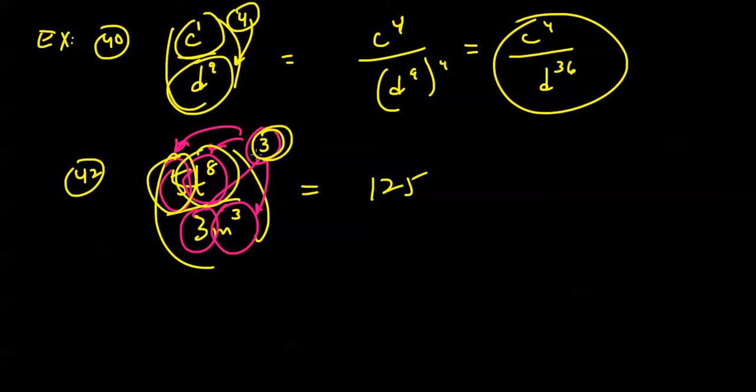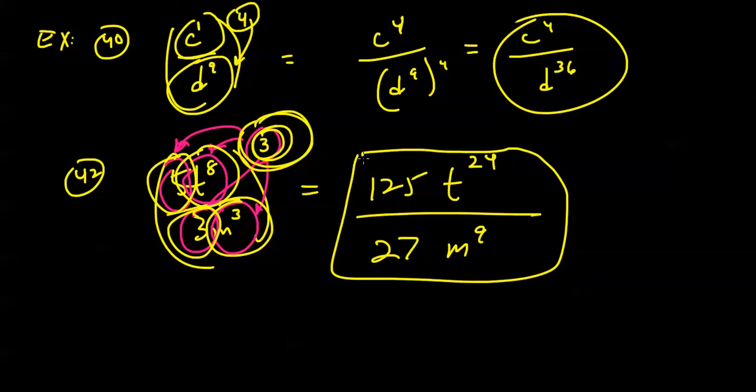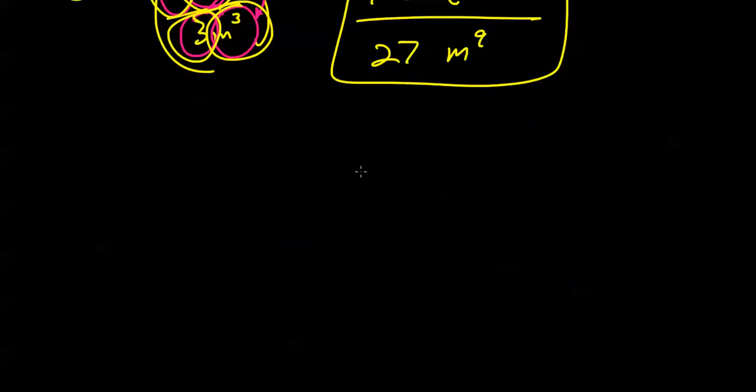T to the 8th cubed, well, power of a power, I multiply the exponents, right? Similarly, downstairs, 3 to the third power is 27, and m cubed cubed, power of a power, you multiply the exponents. All right, so my final response: 125 t to the 24th over 27 m to the 9th.